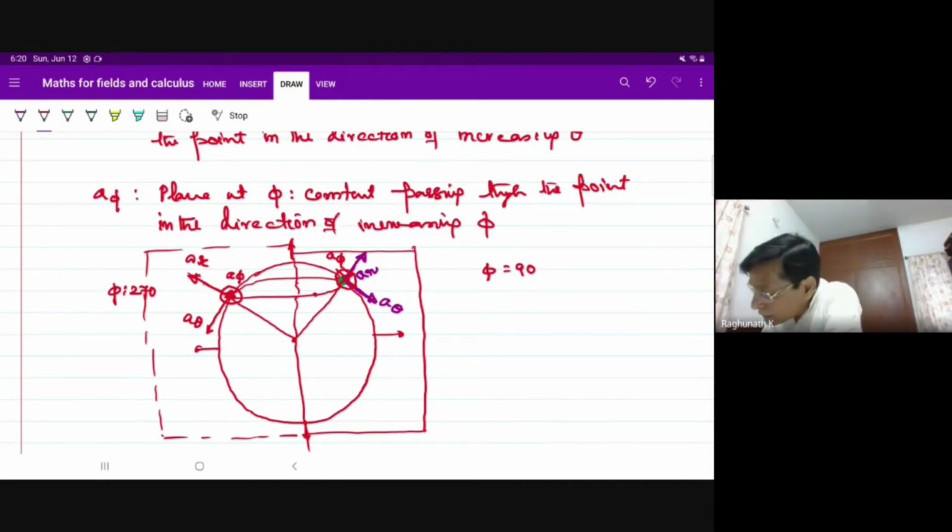If I consider this at this particular point, in fact, it becomes very difficult for me to show. I have to come to that point from the center and say this is a_r, and then a_theta is this, and then a_phi is tangent to the circle like this. a_r, a_theta, a_phi, if I am there at this point, they are mutually perpendicular, no doubt.